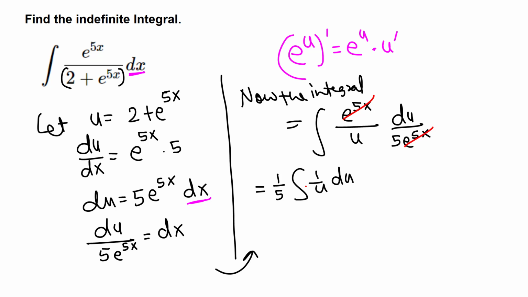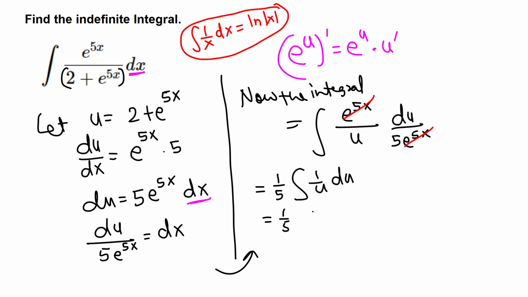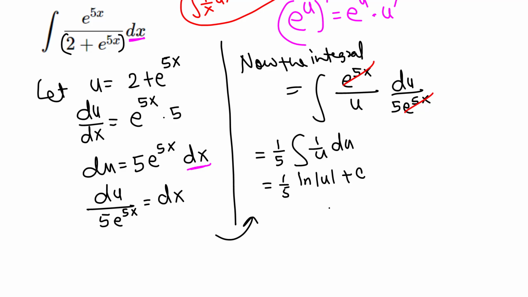Now this is our familiar function, like the integral of 1 over x dx, which is the natural log of absolute x. Here we have the same situation: 1/5 natural log of absolute u plus c, but u was not in the question, so we need to replace u.